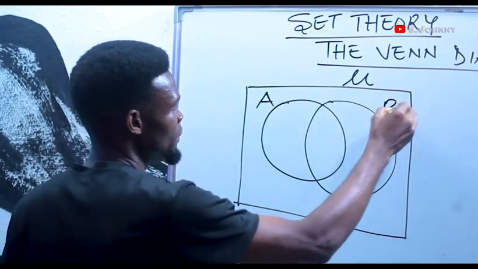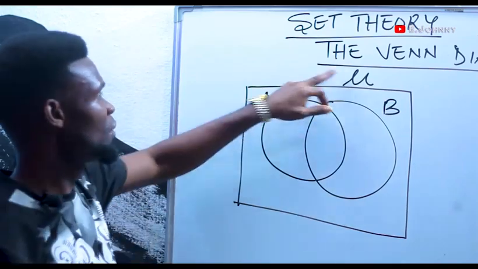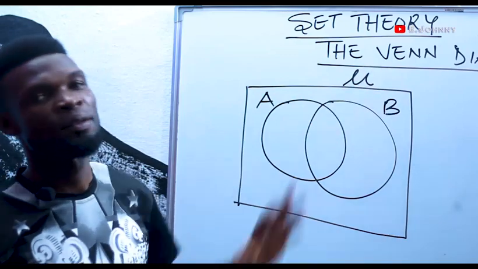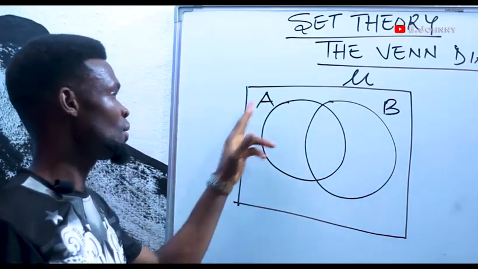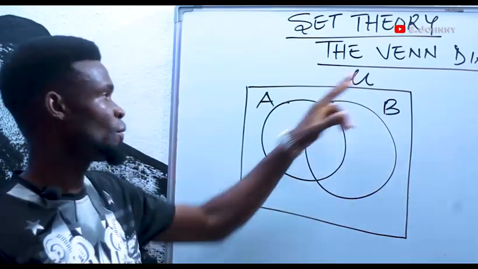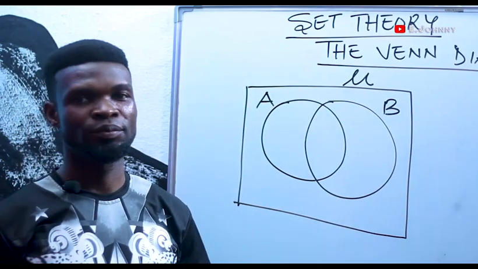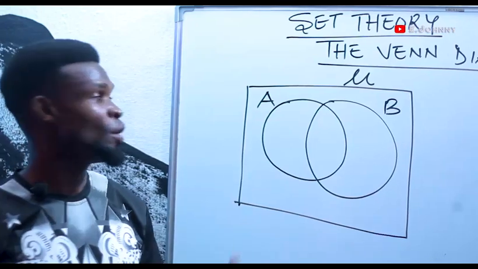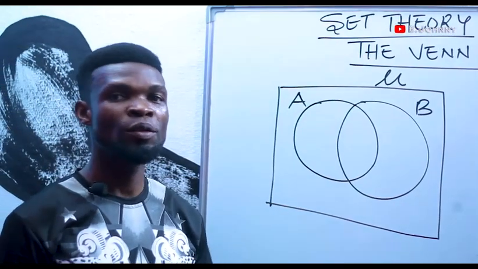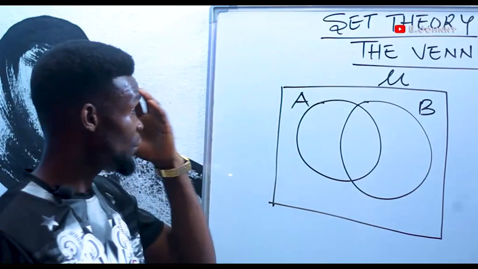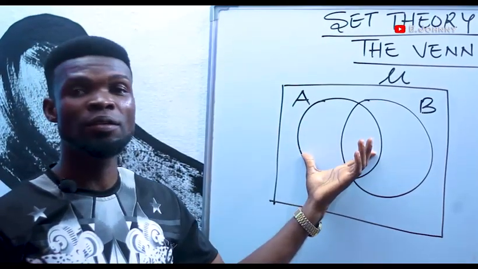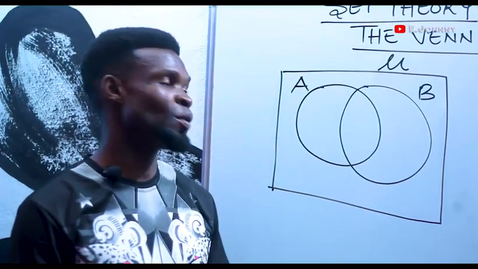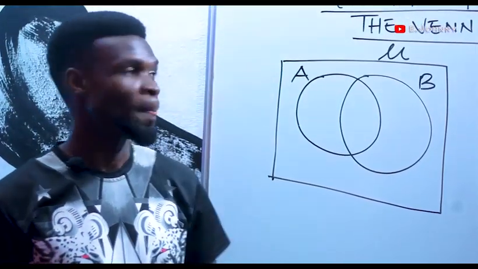This is set A and this is set B. So the circles here represent the subsets of this universal set. So we are going to look at intersection, union, complement using the Venn diagram. At the end of the day, we will look at it for both 2 Venn diagram and 3 Venn diagram, after which we will apply it to solve real life problems.